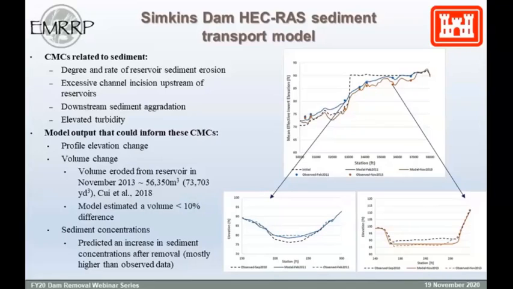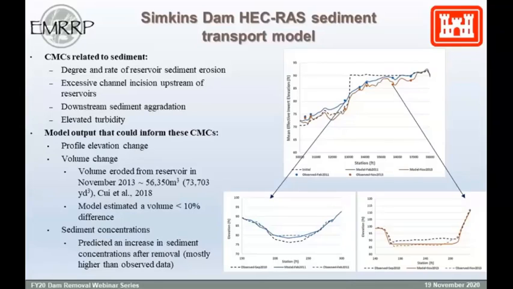So the picture that you're seeing here, the first one on top, represents the profile elevation. The name of this output in HEC-RAS is the mean effective invert elevation, which means it's the average elevation across your cross-section. And the black dotted line represents my initial profile.